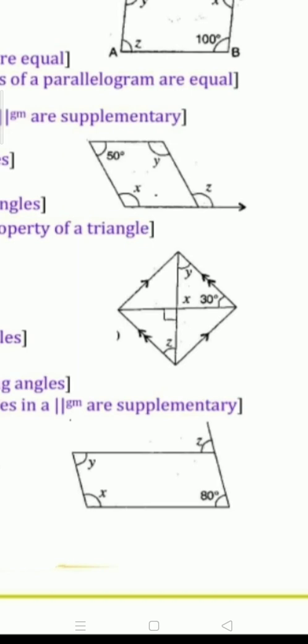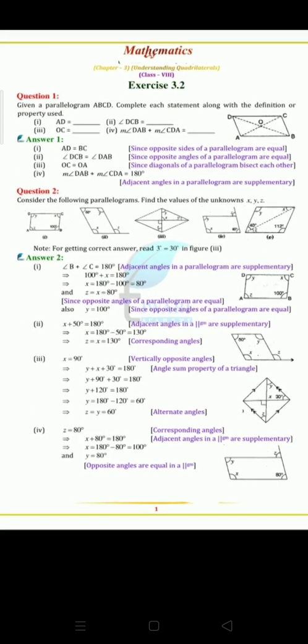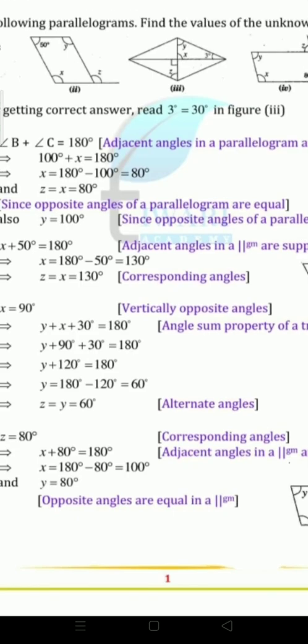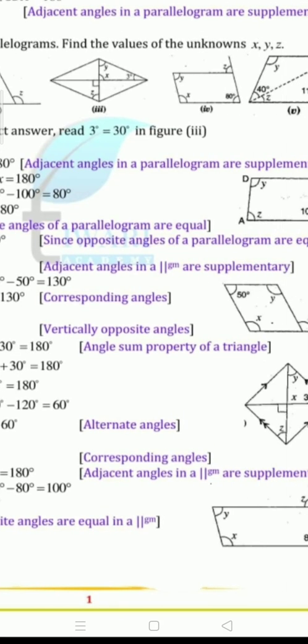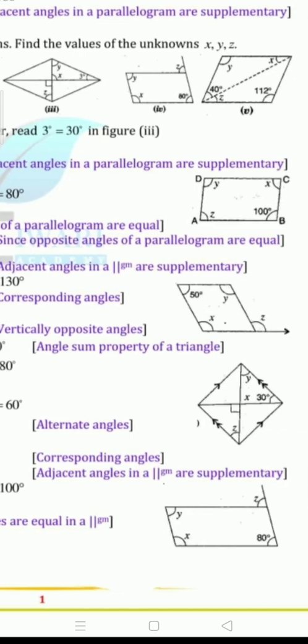So y plus x is equal to 180 degrees. Now you know y is 80, so x will be 180 minus 80, that is 100. Clear? The reason you are going to write is adjacent angles of a parallelogram are supplementary. So you got the value of y and the value of x.